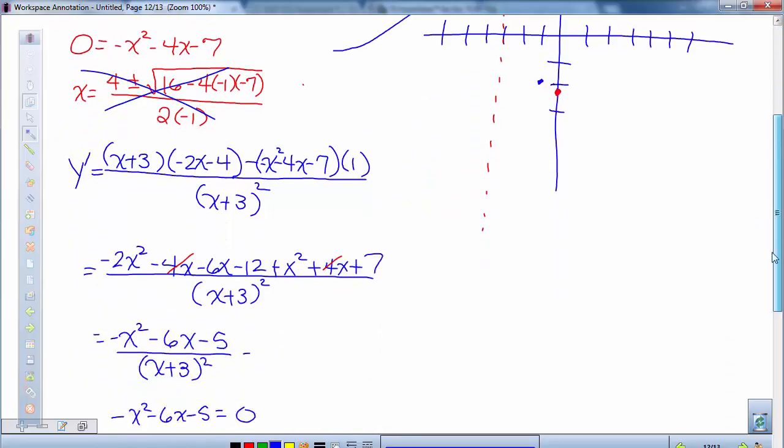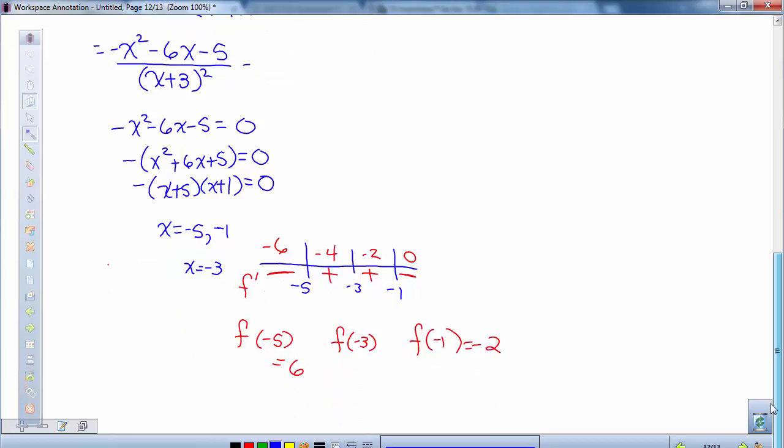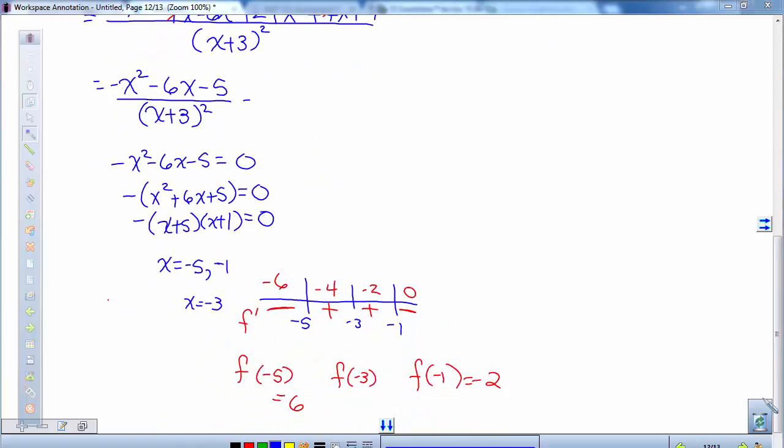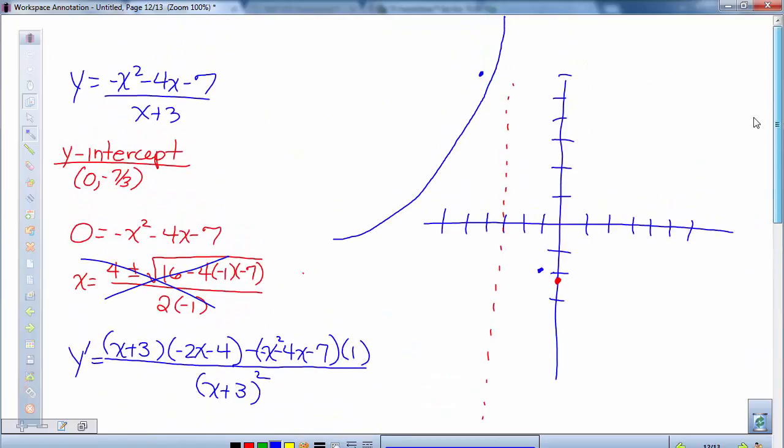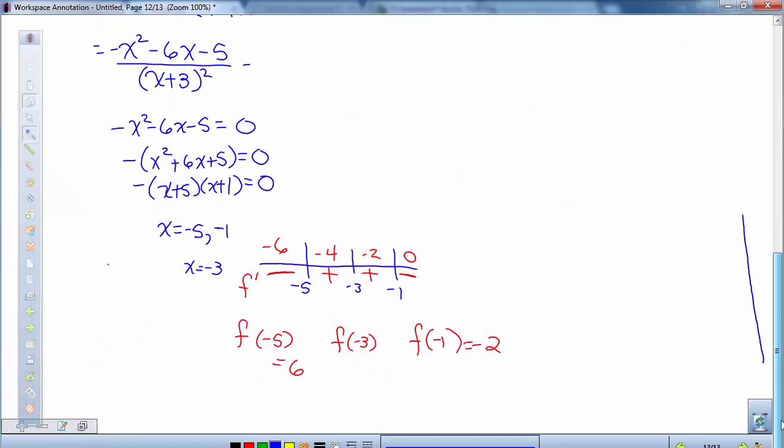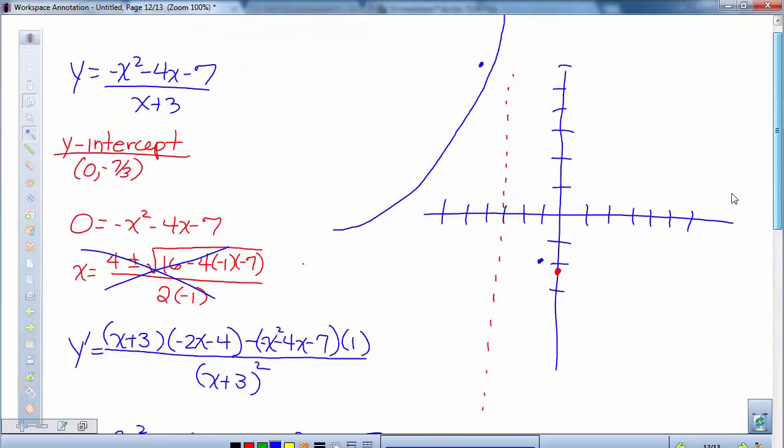All right, and then from minus 5 to minus 3, I think we already said that, or did we do that? Minus 5 to minus 3, it should be increasing. Okay, we already did that, right? And then on the other side, we've got minus 3 to 1 also increasing.